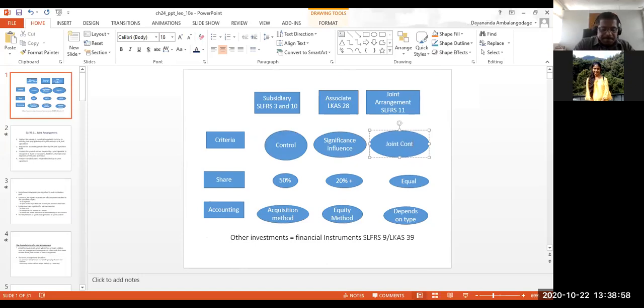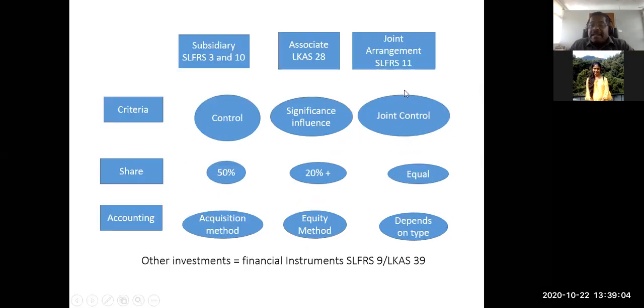Joint control. I will explain the meaning of joint control later on, not now. Then the share is more than 50 for a subsidiary, you talk about share acquisition.